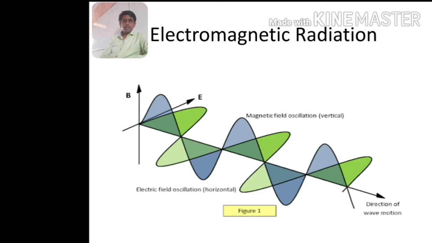One component is the electric component and the other is the magnetic component, where capital E arrow shows the field strength of the electric component and B is the field strength of the magnetic component, where the magnetic field is shown by vertical wave direction and the electric field is shown by the horizontal motion.